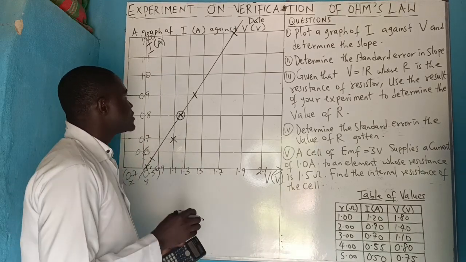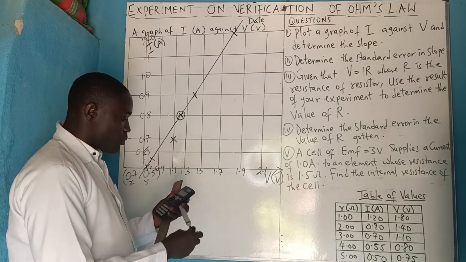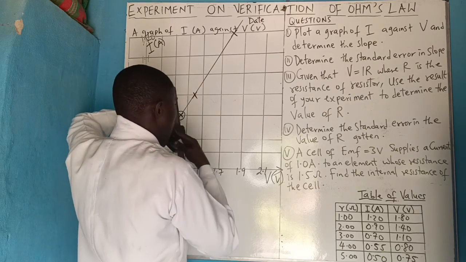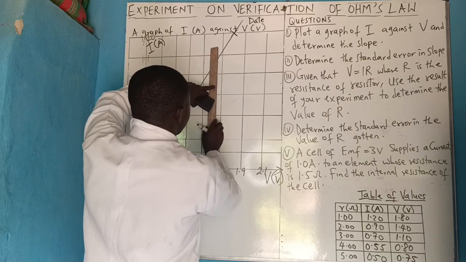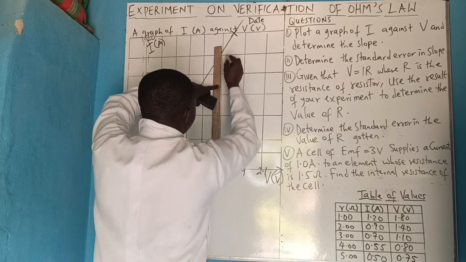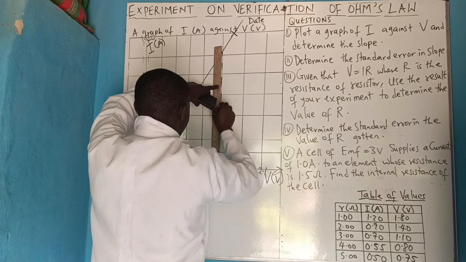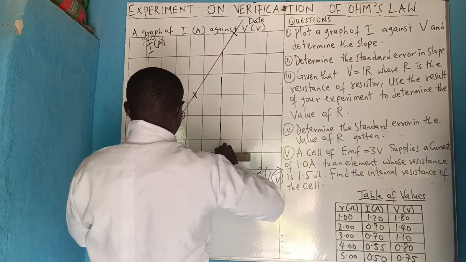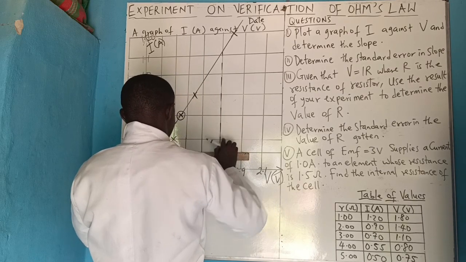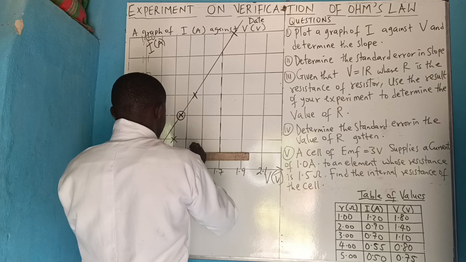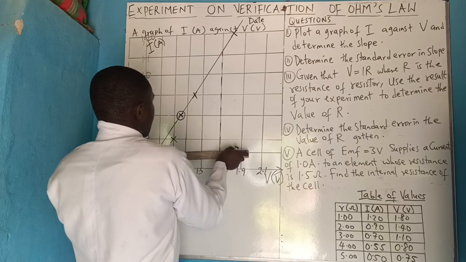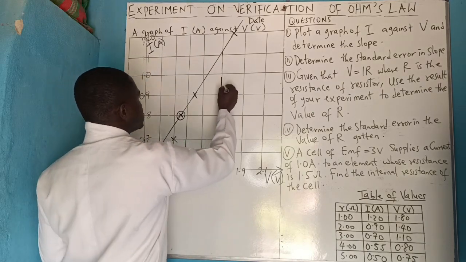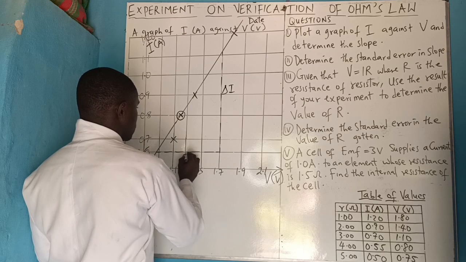So when we are done with that, we have to get our slope. To get our slope, you see, we now say change in I and change in what?